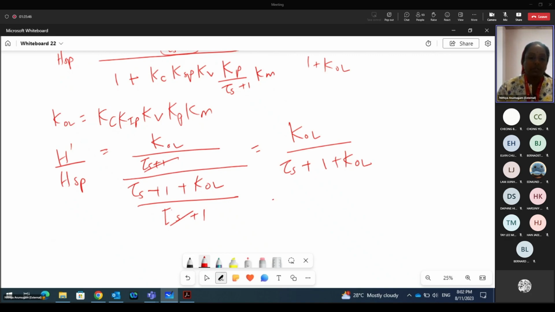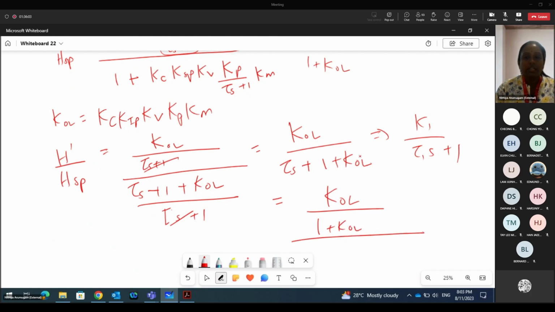Rearranging this equation so that we can get it in terms of K1 over tau 1 s plus 1, we divide everything by 1 plus KOL. Why am I dividing?